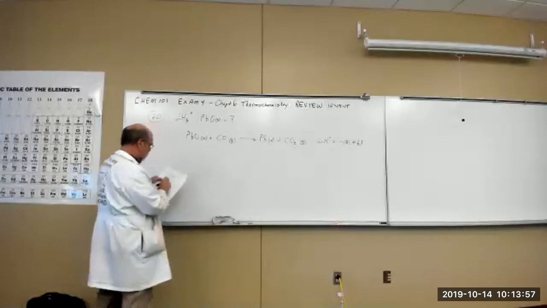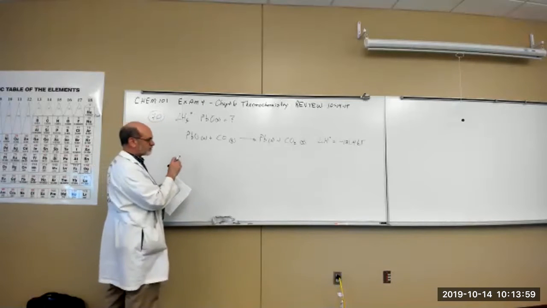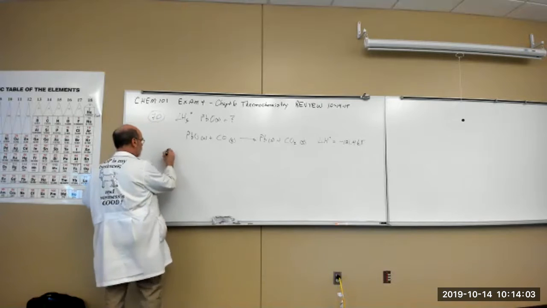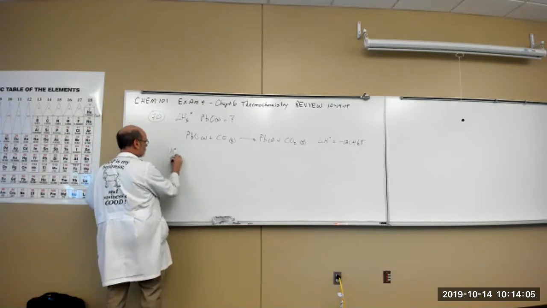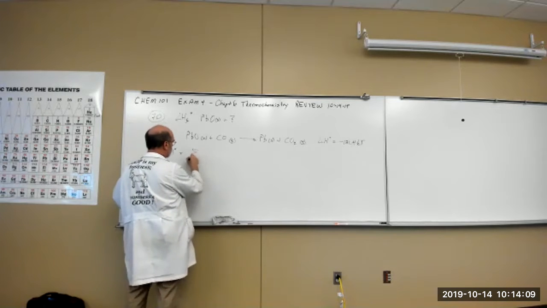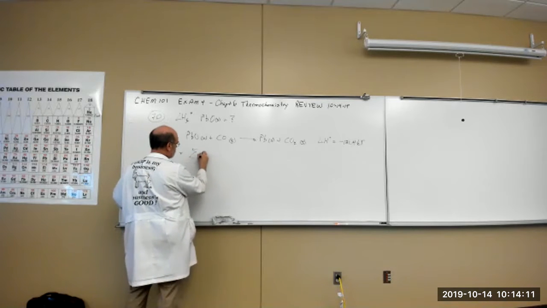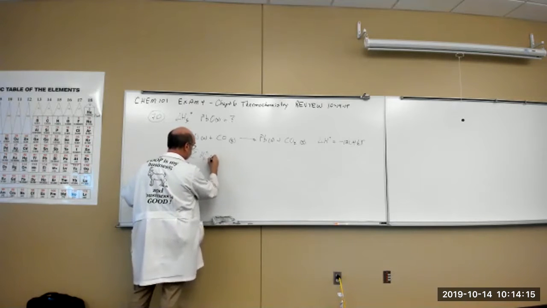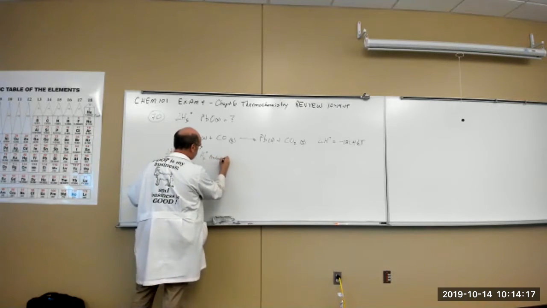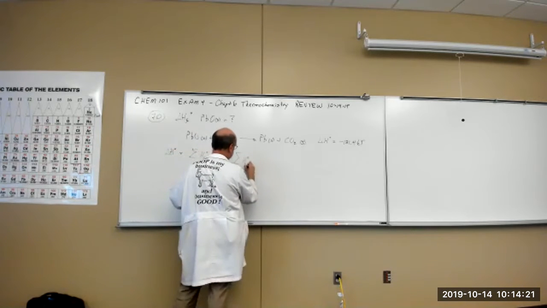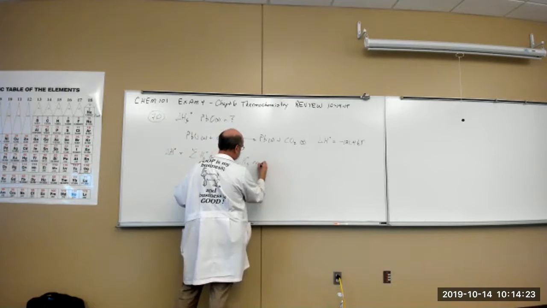First of all, before I go to the information that's given, the equation that operates here is the delta H for this reaction is equal to the sum of the heats of formation of products minus the sum of the heats of formation of reactants.